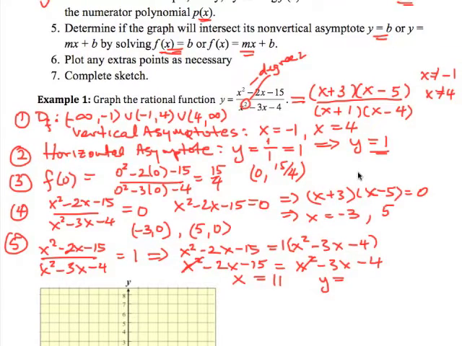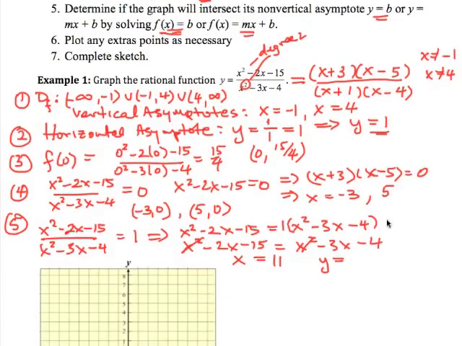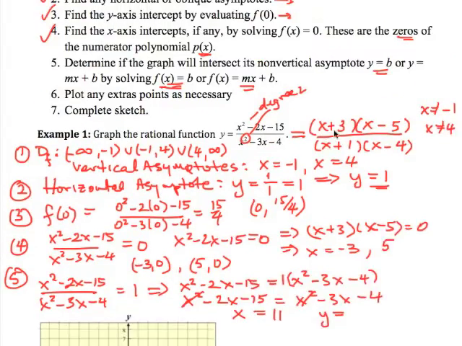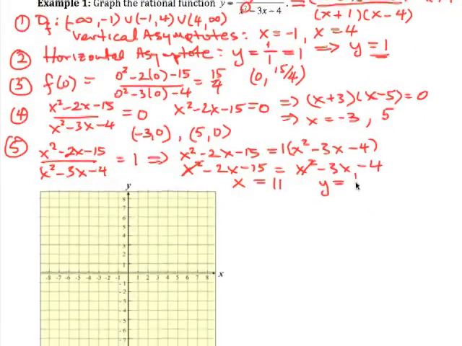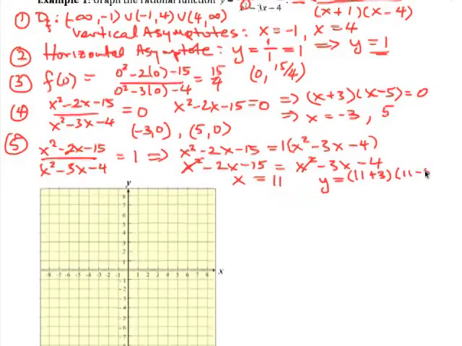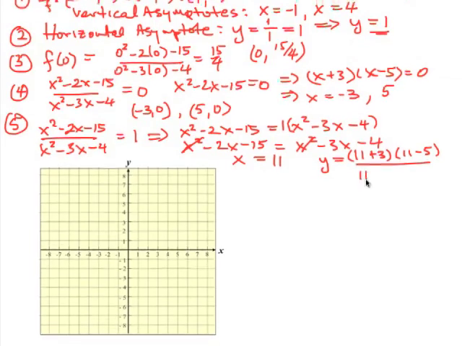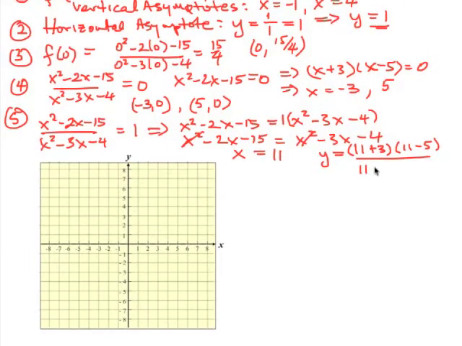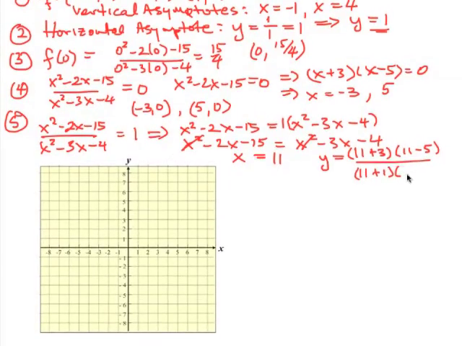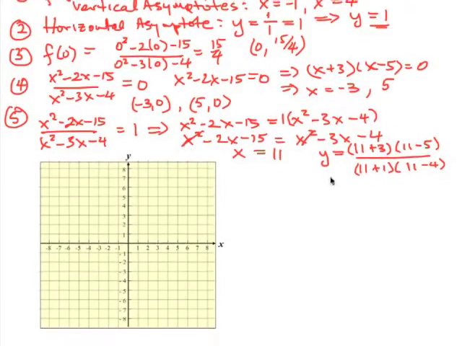And so what we need to do is have a look at evaluating this using this one up here. So this will be (11 plus 3) by (11 take 5) over (11 plus 1) by (11 minus 4). So the factored form is helpful here.